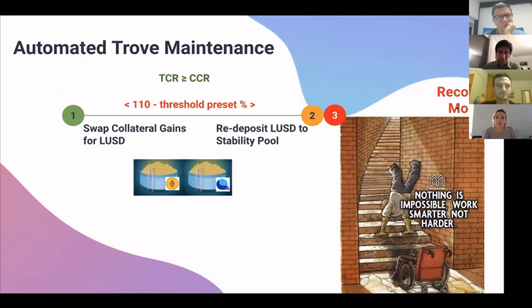Another corollary benefit of this is that it accounts for something that Yulin included in his simulations, which is a rational inattention parameter. That's basically lazy users who never check in on their troves and get liquidated all the time, and the total collateralization ratio of the system fluctuates pretty wildly because of that.